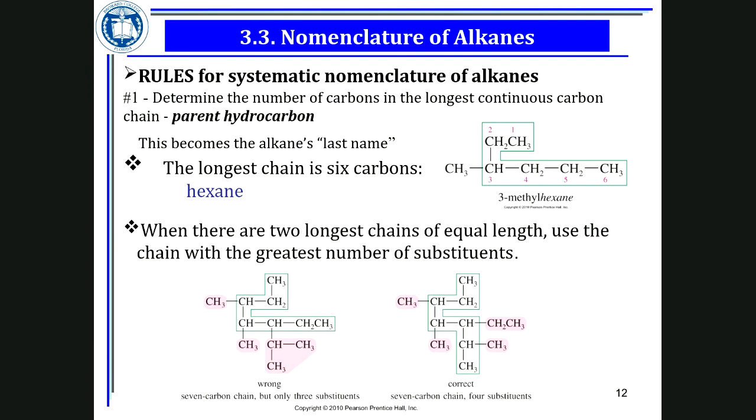For this example, if you go 1, 2, 3 down, 1, 2, you can't go straight that way because it's going to end up with only 4 carbons. Then you would go down, 5, then 6. You can go straight to say 7 and 8. So we have 1, 2, 3, 4, 5, 6, and 7.